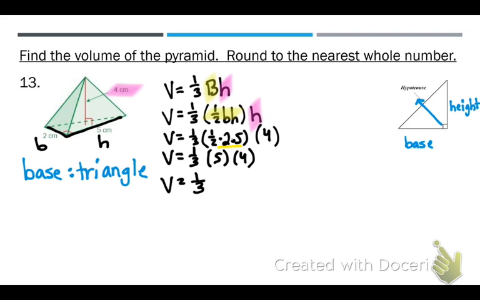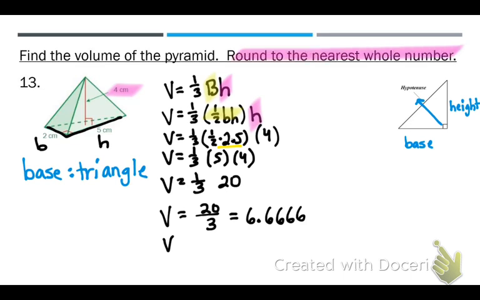And we know that 5 times 2 is 20. So basically here what we've got now, it's like 20/3. If you stick that inside of your calculator, you figure out that you've got 6.6 repeating. Remember, if you go back to your instructions, it asks us to round to the nearest whole number, so that would be rounded up to 7 centimeters cubed.